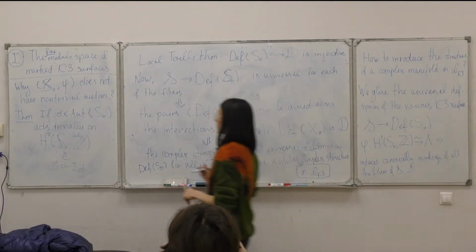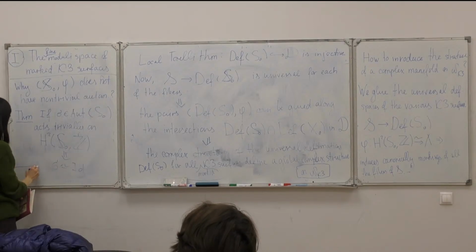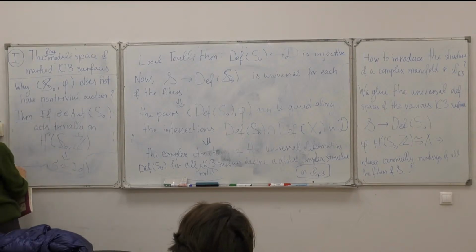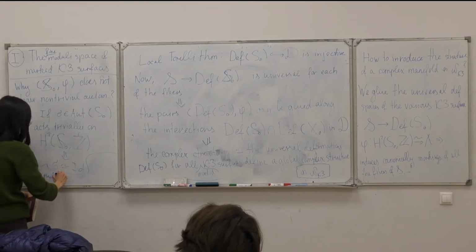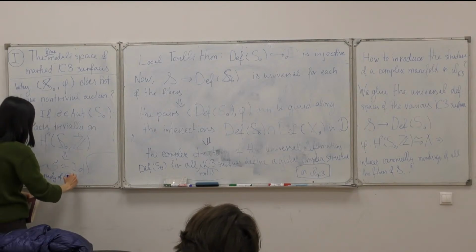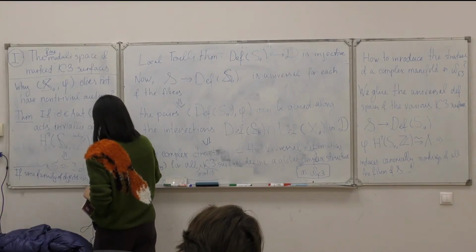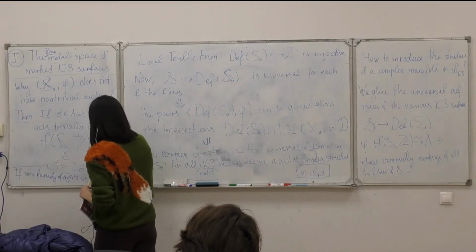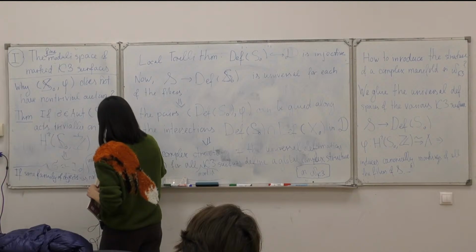And what I want to explain today, very, very roughly, is that if some family of objects has non-trivial automorphisms, then we cannot hope to have a fine moduli space.